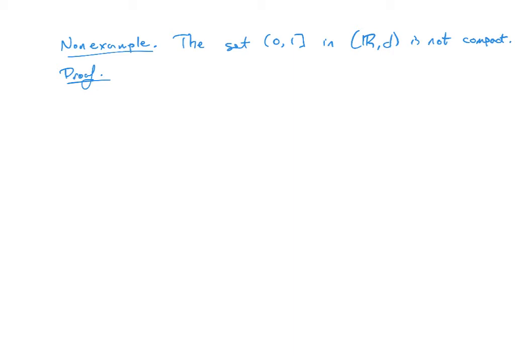That just means try again. So we want an open cover that doesn't have a finite subcover. I'll write it down and then I'll explain why this should be what we guess.